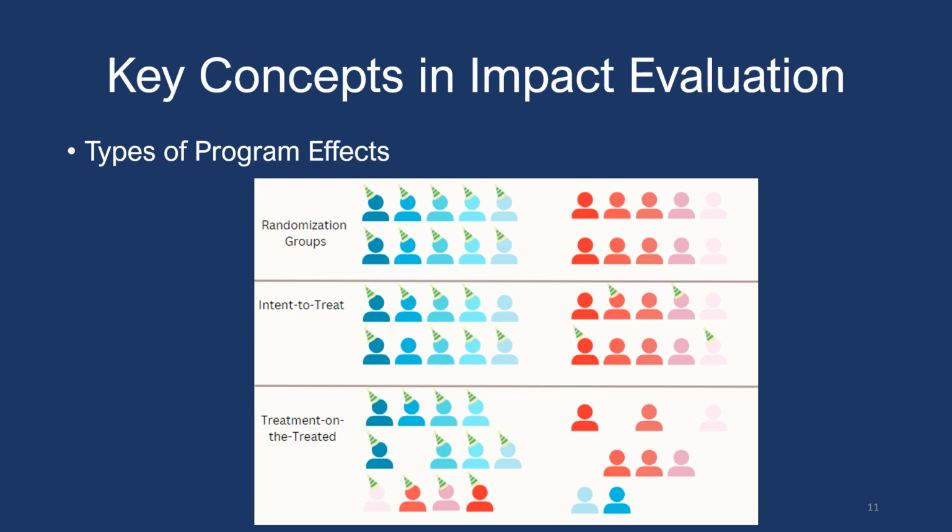But as is often the case, this clarity can become cloudy very quickly because sometimes people that were assigned to the program group do not actually participate in the program, meaning they're non-compliant. Sometimes those assigned to the control group actually do find a way to participate in the program, meaning that they cross over.